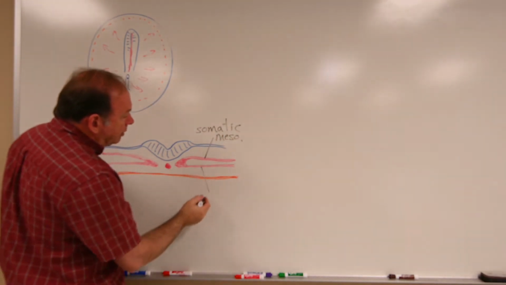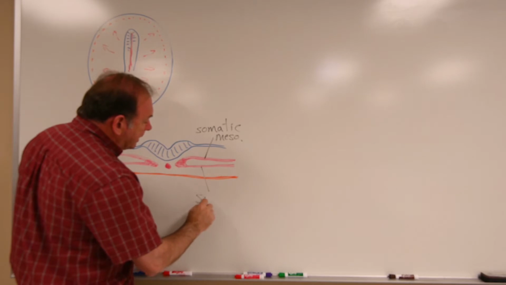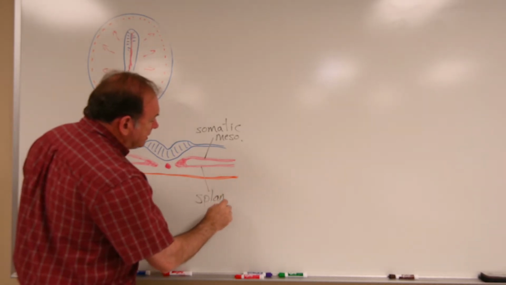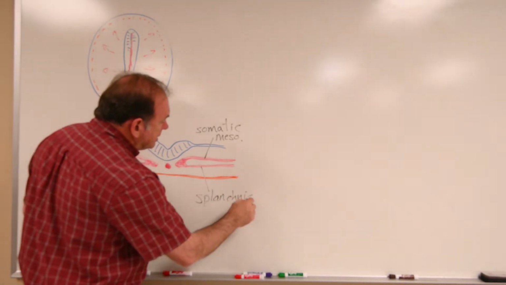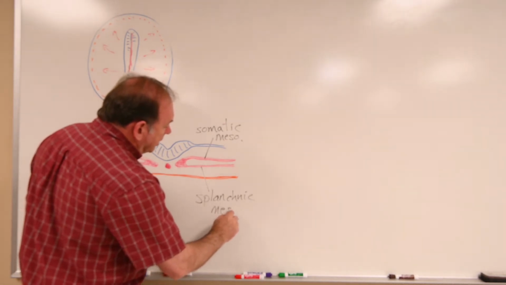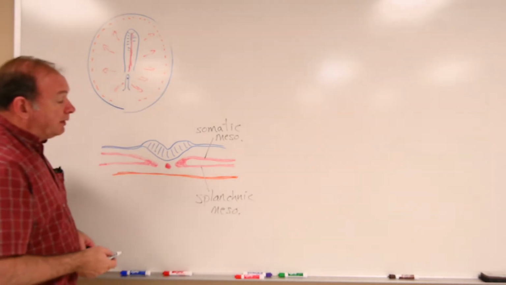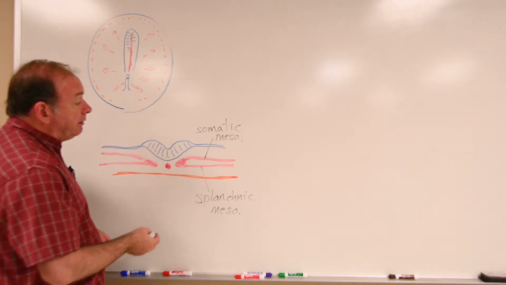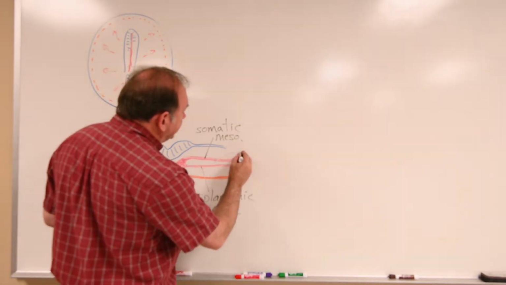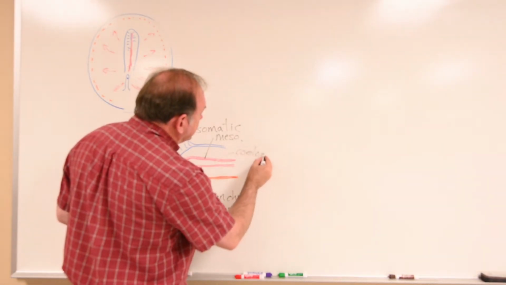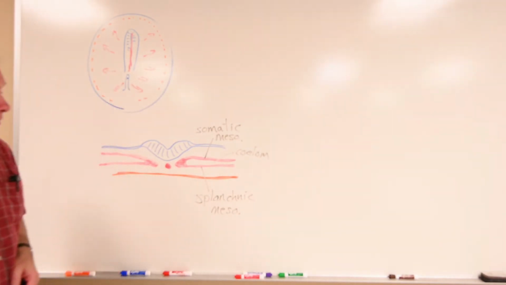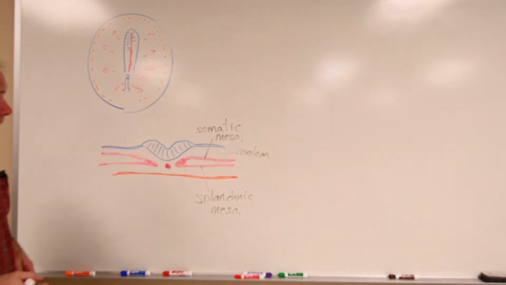And the layer below down here is what we call splanchnic mesoderm. So we have a somatic layer and a splanchnic layer, and between the two we have the coelom, or body cavity.